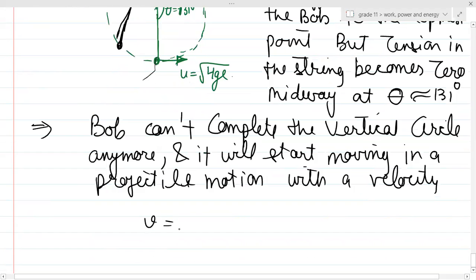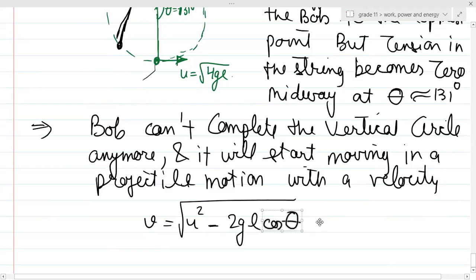What will be the velocity over here? You remember the velocity was under root of u square minus 2gl into (1 minus cos theta), right? Not with just the cos theta, 1 minus cos theta. Was the formula like this? So can you see over here, v will be equal to how much?